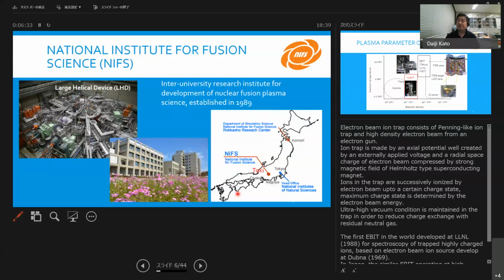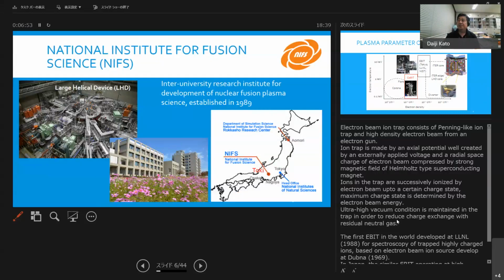Ions in the trap are successively ionized by the electron beam up to a certain charge state. The maximum charge state is determined by the electron energy. Ultra-high vacuum is maintained in the trap in order to reduce charge exchange with residual neutral gas.